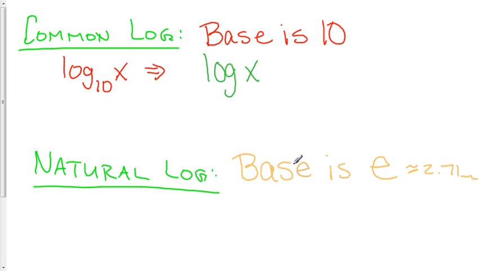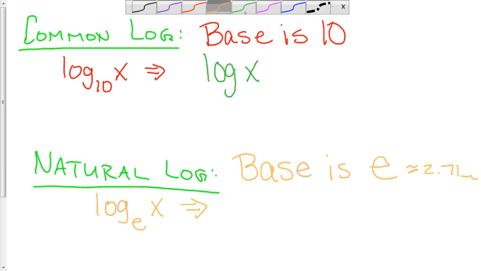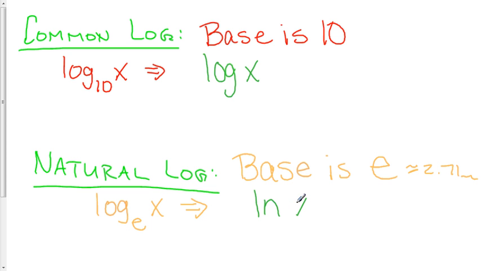And so, if the base is e, it would be written log base e of x. But just like with a common logarithm, it is not written that way because it is something that's used more often. This one would be ln of x.